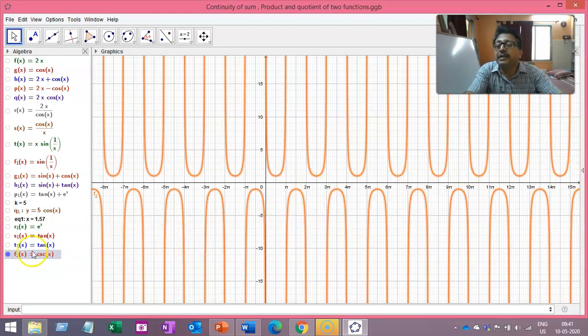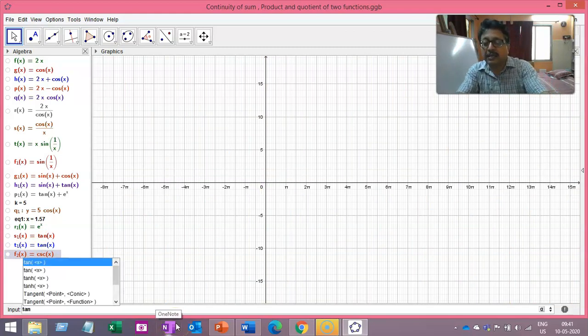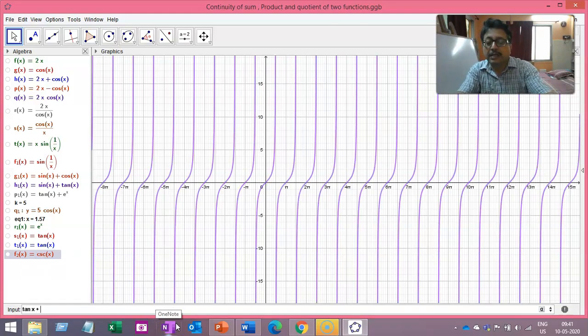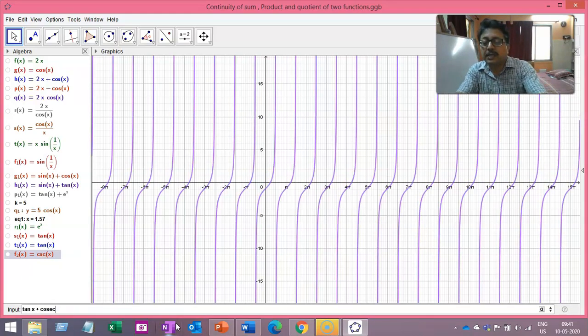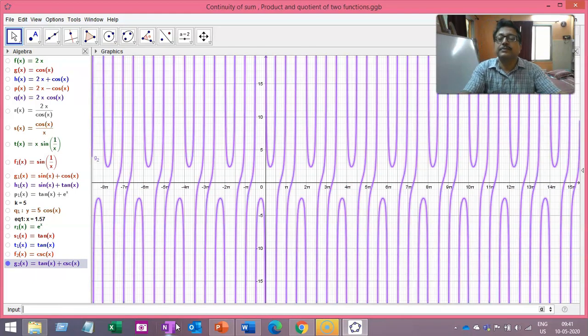But if I take the sum of these two functions, tan x plus cosec x, see what is happening there. What is your opinion? Is this a continuous function? No, it is not a continuous function. At what points does the function remain discontinuous?